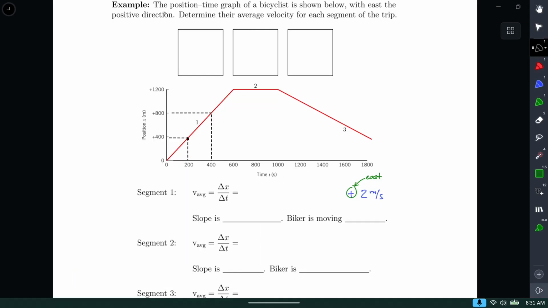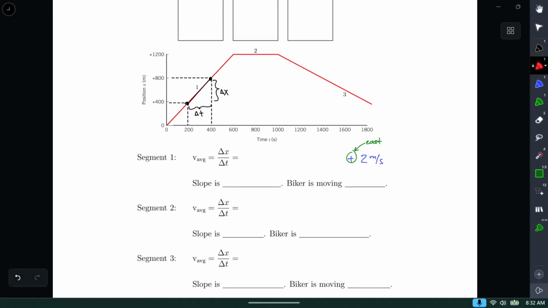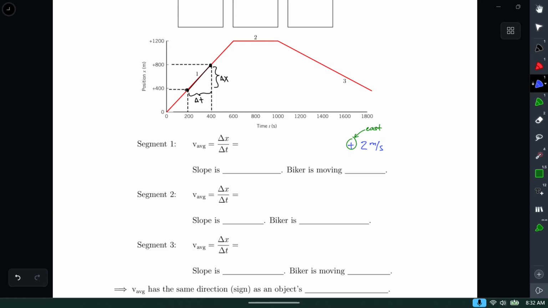And then all you're doing is finding the slope between those two times. So that is my delta t, and this is my delta x. And just from that, I can see it's going to be positive. It's a positive slope, an eastward slope. But I can do final minus initial.